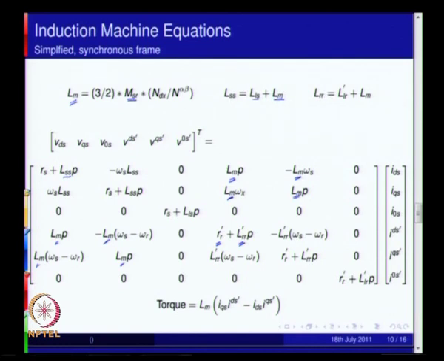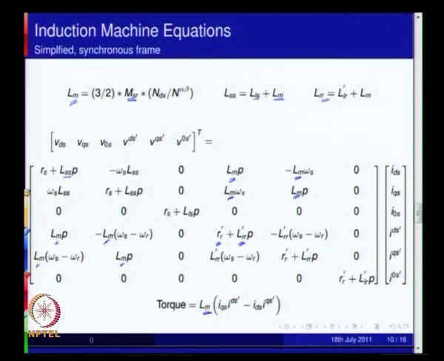So LSS can then simply be LLS plus Lm, whereas the rotor self inductance is then given by this term. Here you had 3 by 2 MSR multiplied by, now that you are referring it to stator number of turns itself, this coefficient for the generated electromagnetic torque also simply becomes Lm.